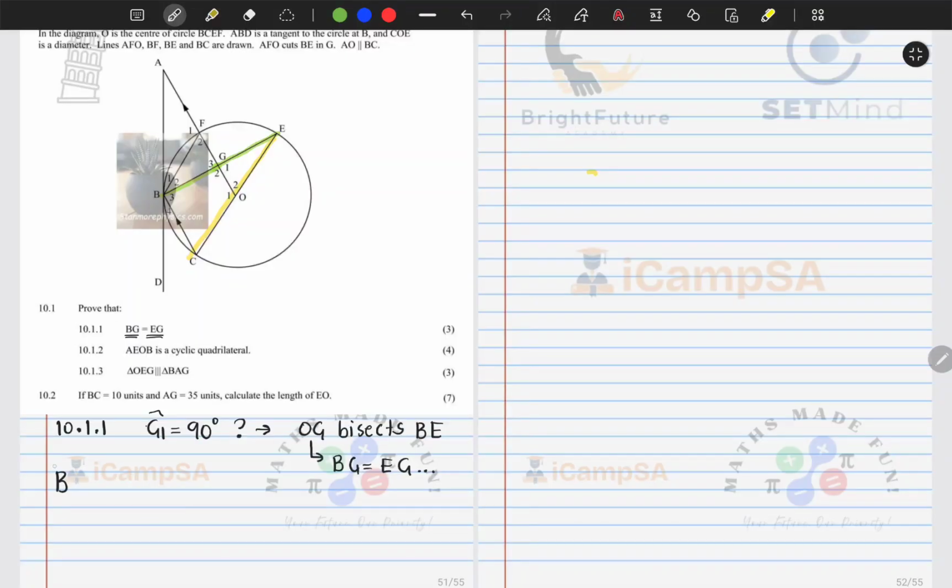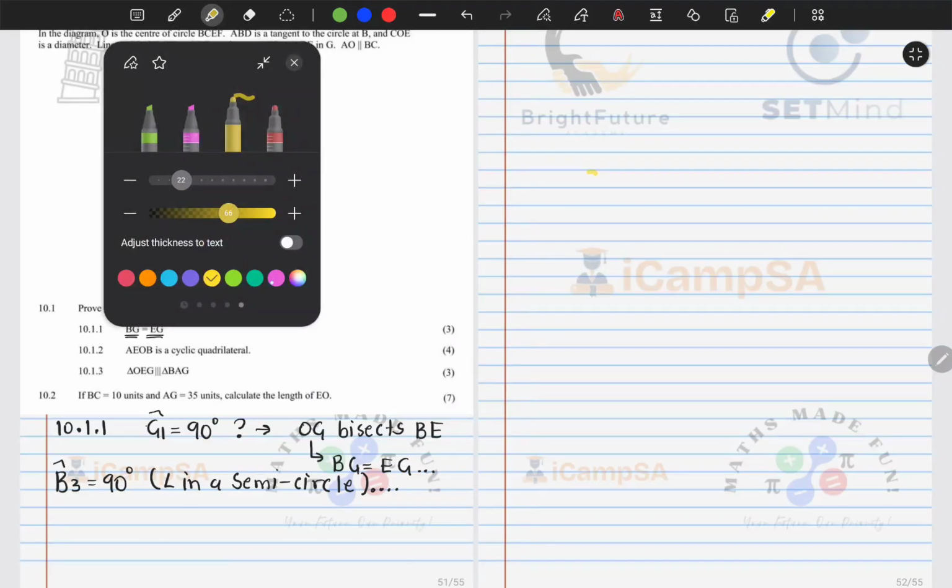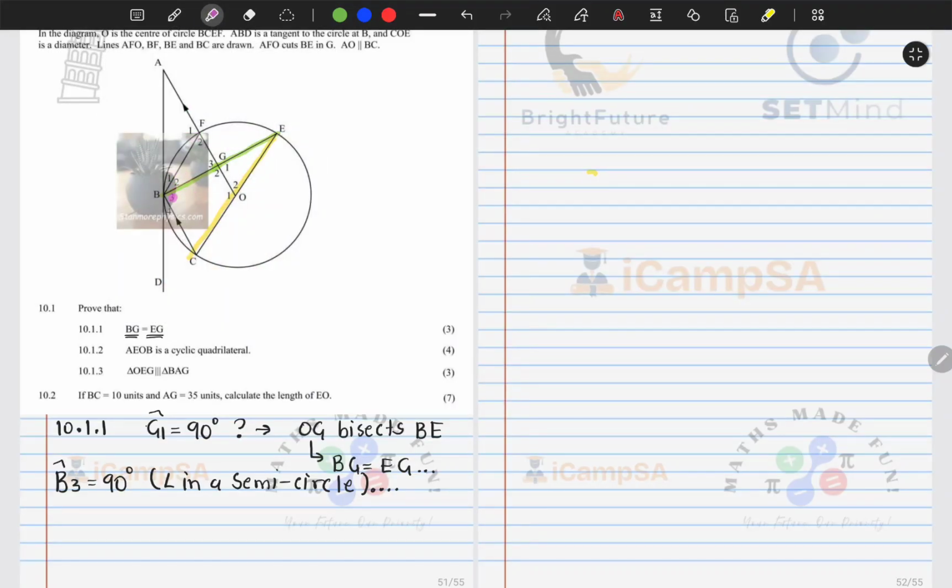So if we observe carefully angle B3, that should be 90 degrees. That is an angle in a semicircle. Okay, so that is why that becomes 90 degrees. But remember, we are then told that we have parallel lines. Look at that angle and that angle. Simple grade 9 mathematics. Angle G1 is equal to angle B3, which is equal to 90 degrees.